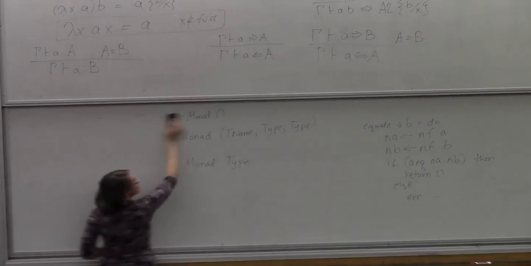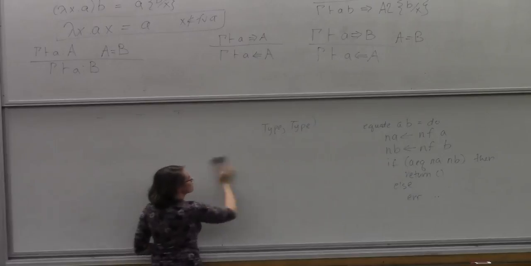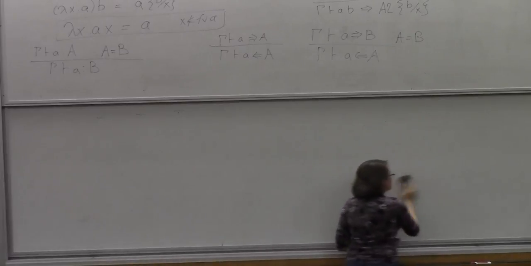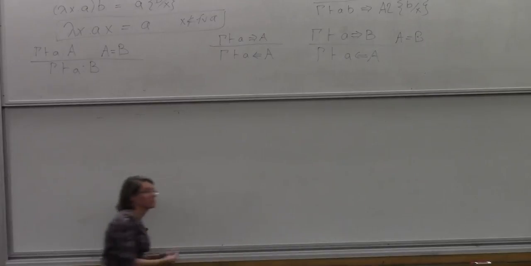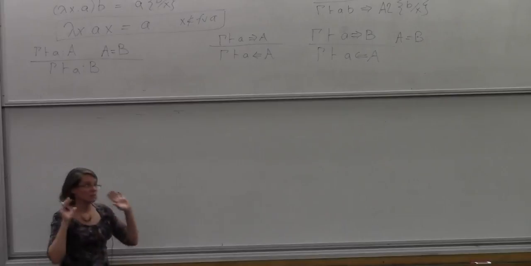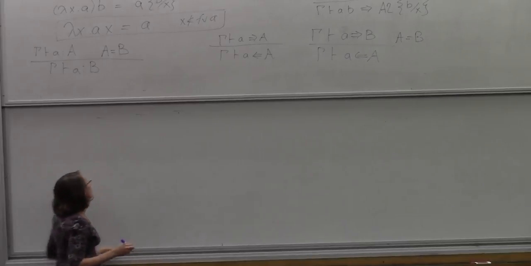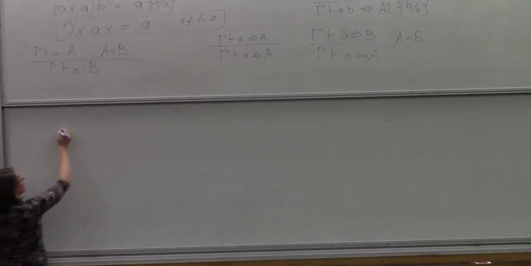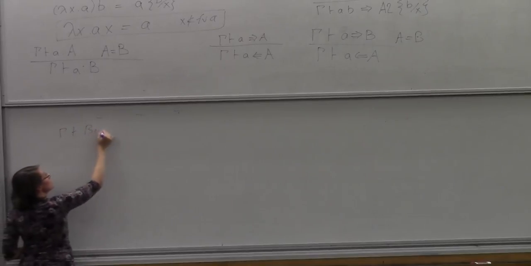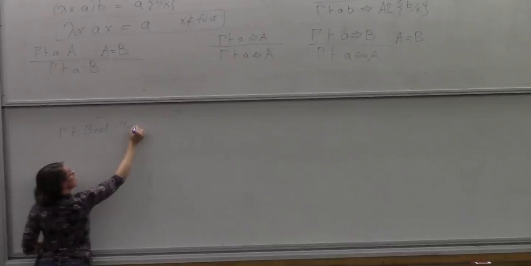So I gave you some rules, a specification of if. I asked you to think about how you might turn it into bidirectional rules and how you might implement it in this little toy programming language that we have. The specification I gave you was not too complicated. It said that bool is a type.